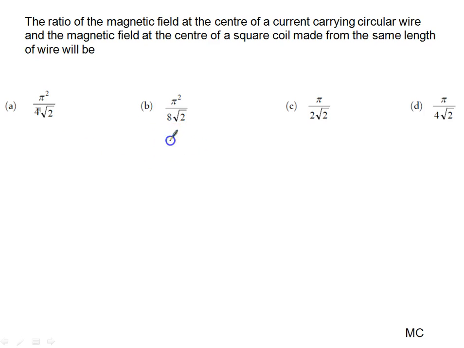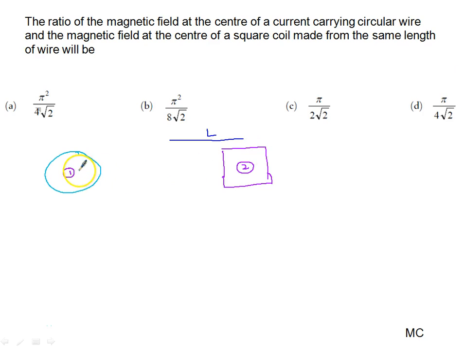I say this is a wire of length L and I design it in the form of a circle, and I design the same wire in the form of a square. Okay. Now firstly you write the magnetic field at this center and magnetic field at this center.